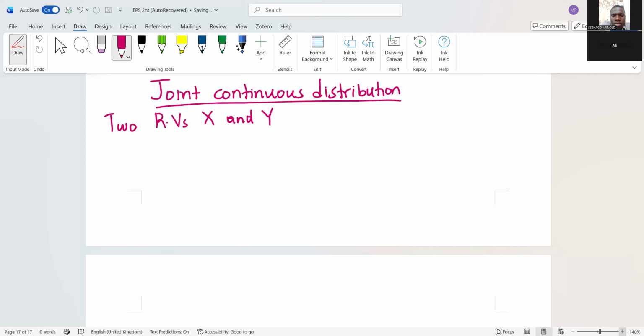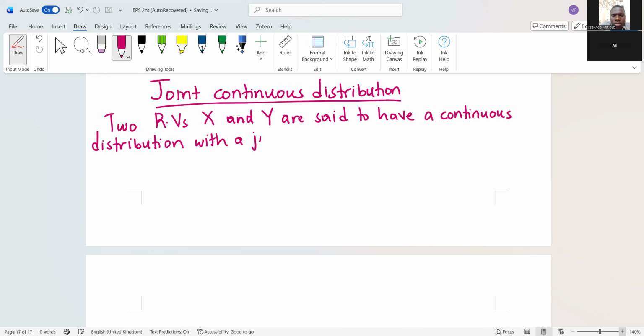RVs X and Y are said to have a continuous distribution with a joint probability density function.